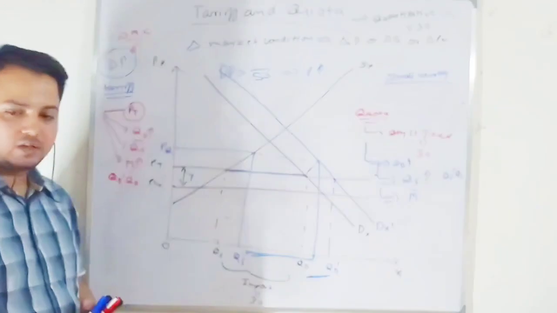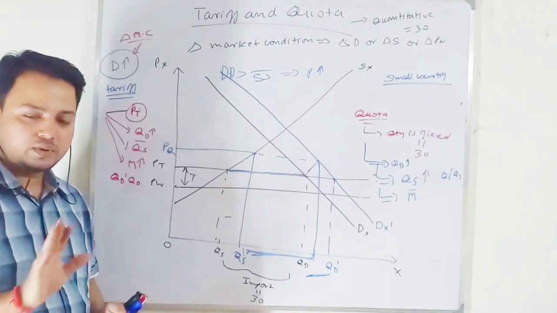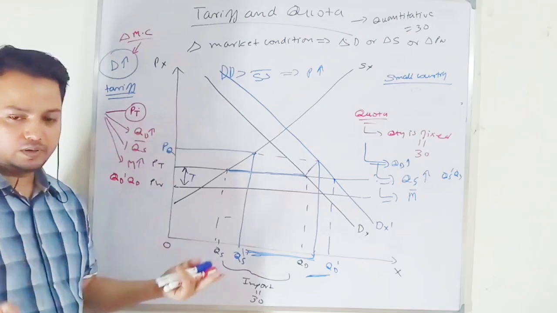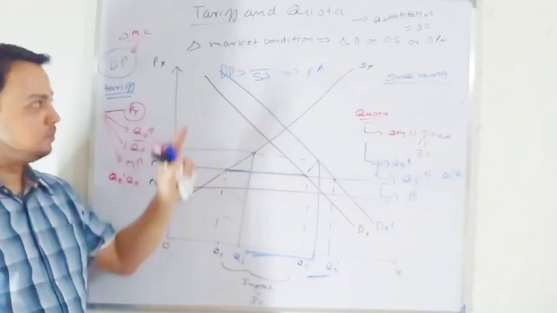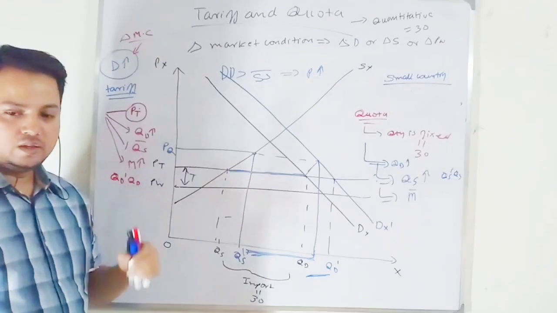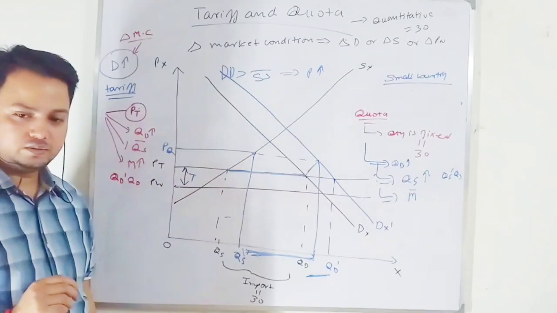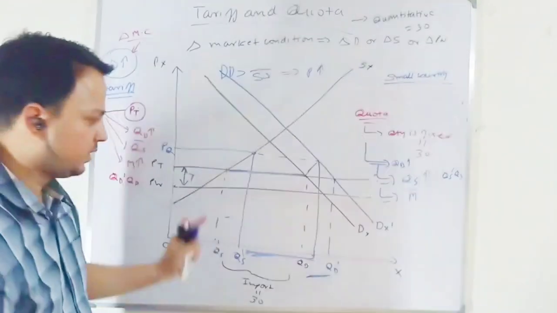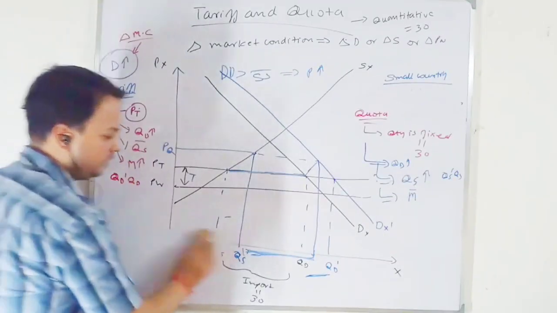So your domestic quantity supplied is not increasing, and it is not going to protect the domestic industry when there is an increase in demand in a dynamic framework. So in case of increase in demand, the import competing industry will argue that we should have quota, we should not have tariff. This is the first case. I will give you a summary also. No need to worry.